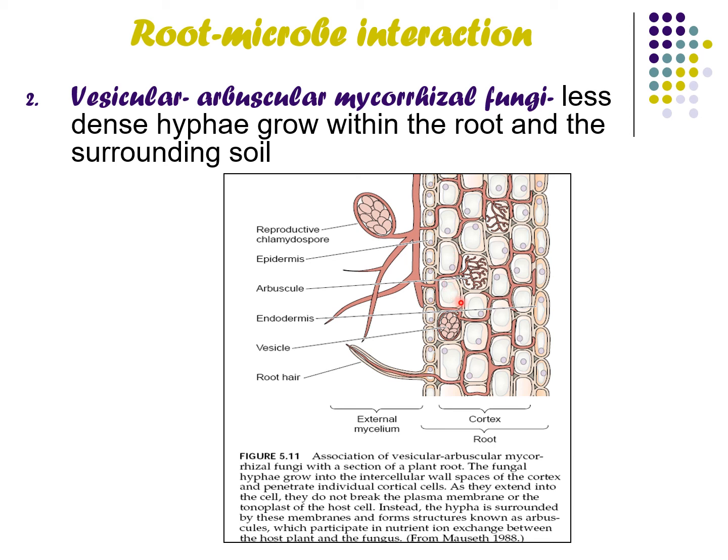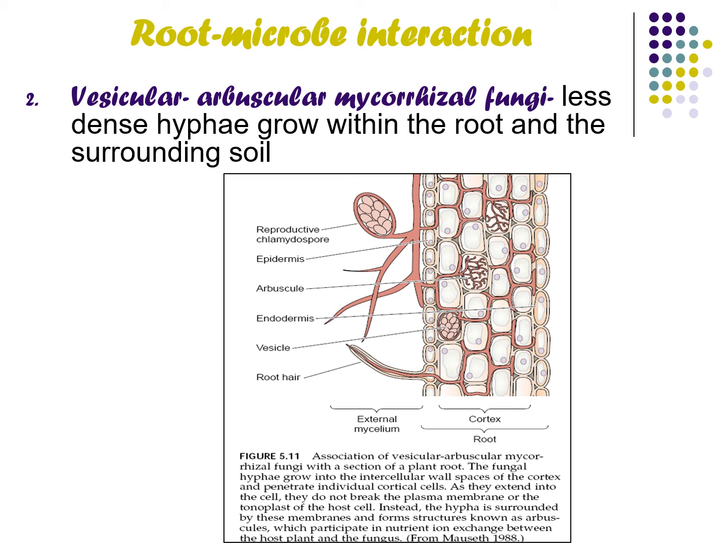Each branch of the arbuscule is surrounded by the plasma membrane of the host cell. Thus, while the hyphae do penetrate the host cell wall, they do not actually invade the protoplast. The arbuscule serves to increase contact surface area between the hyphae and the cell.